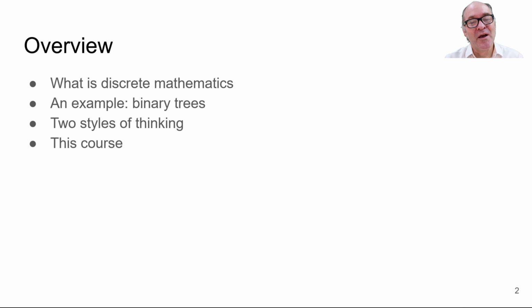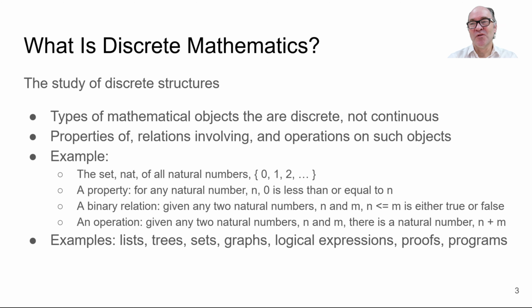And finally, I'll talk about the structure of this course, the topics that we'll cover, and some of the tooling that we'll use in order to make precise and to automate the concepts that you're going to learn in this course.